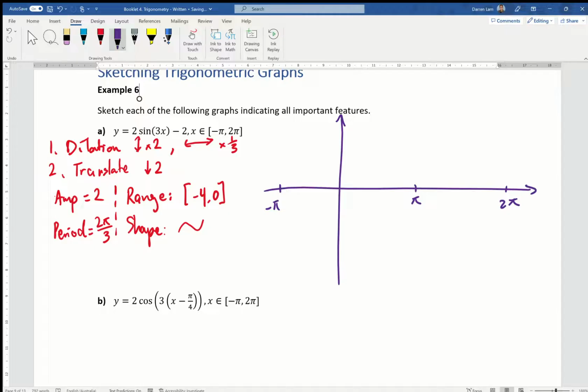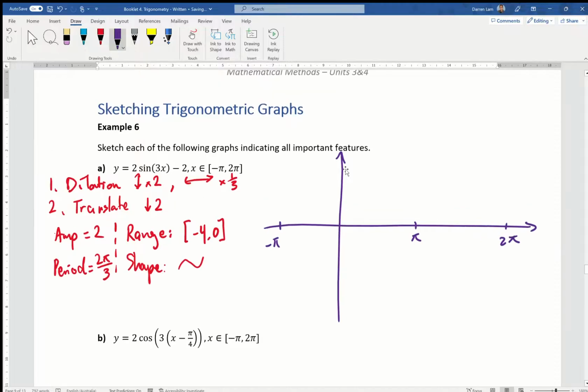If you were to substitute, I'm going to scroll up so I have a little bit more space, x equals 2 pi, you actually end up with y equals 2 times sine of 6 pi minus 2, which gives us an answer of negative 2. And do the same thing for x equals negative pi. By the way, the reason I'm doing this is to find endpoints. And you also end up with, and I'm not going to go through the same steps, I'm just going to write negative 2. I'm assuming you're okay with that.